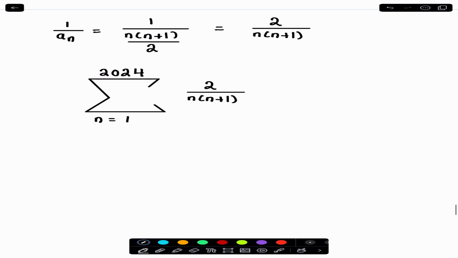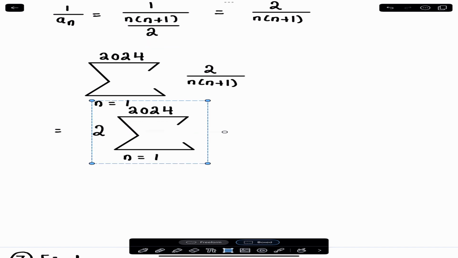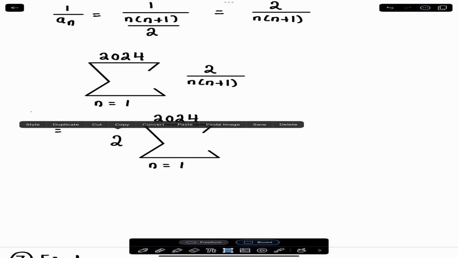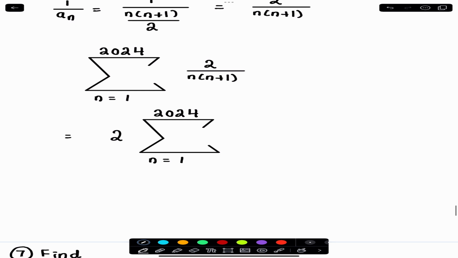Now the great thing is we can pull out this 2 from our sigma, and we are left with 1 over n times n plus 1.